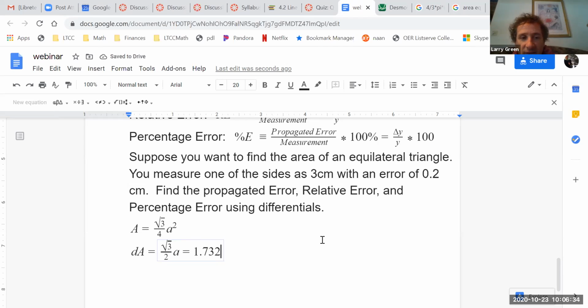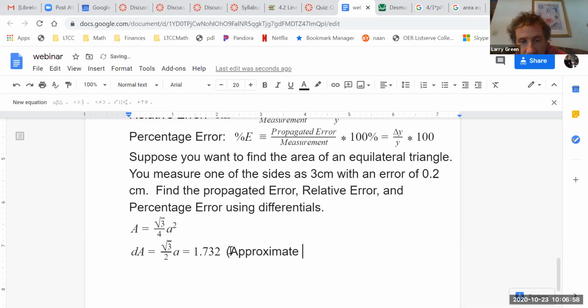Any questions on finding dA? Okay, so that was dA, and that is our approximate propagated error. Let me write that down. All right, so we got the first one.